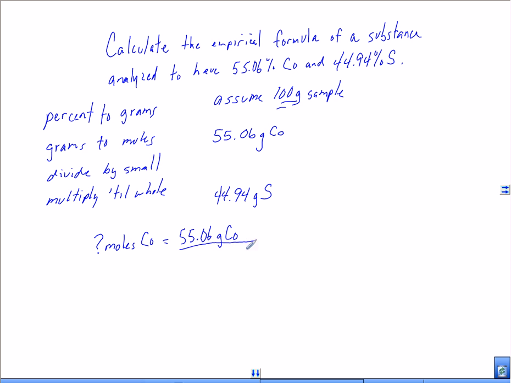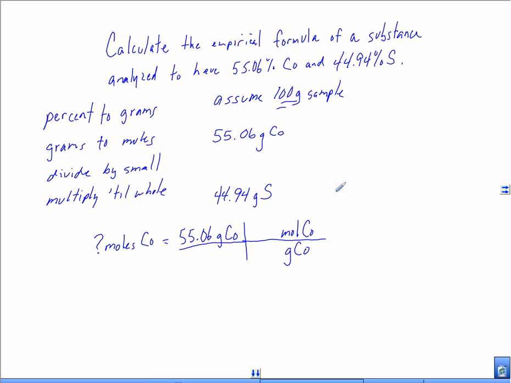So I'm going to set up my bracket conversion. Let's get rid of that line and make one that's a little straighter. Grams of cobalt on the bottom, because I want to cancel that. Moles of cobalt on the top, because I want to find moles.